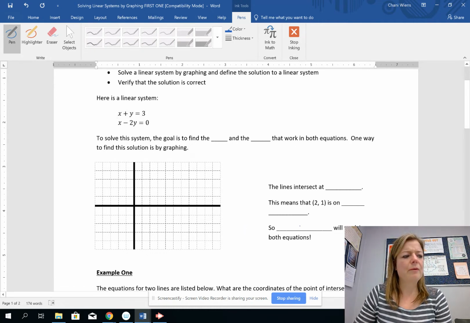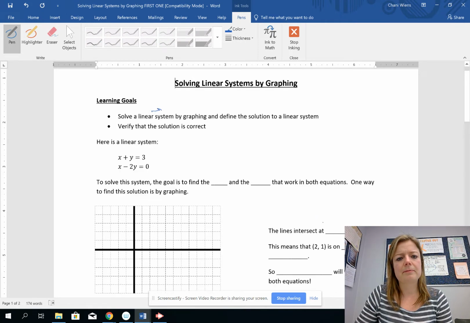So if we were to rearrange this equation into y equals mx plus b form, we would just move the x to the other side. So we would get y equals negative x plus 3. Okay, so notice that it has a slope of -1 and a y-intercept of 3.